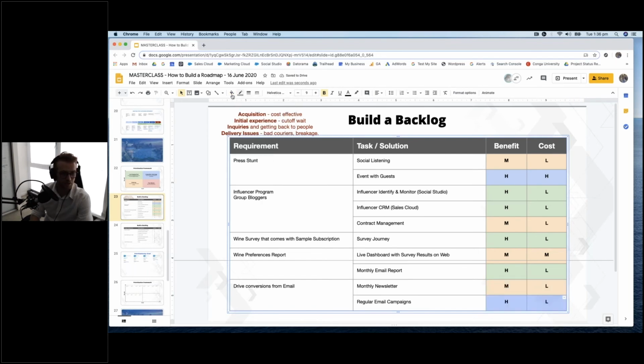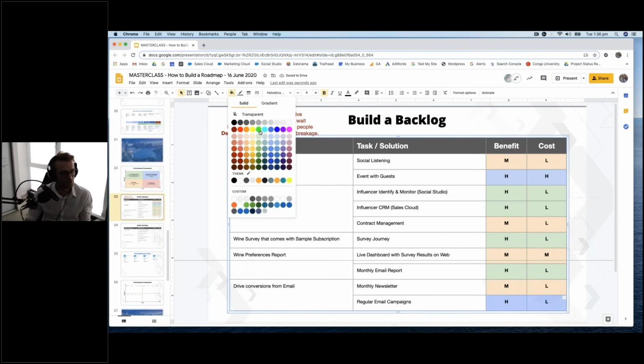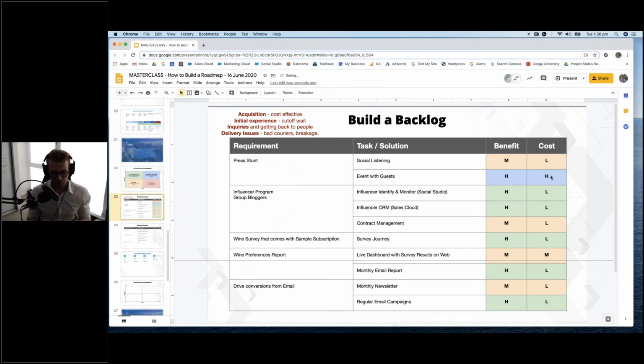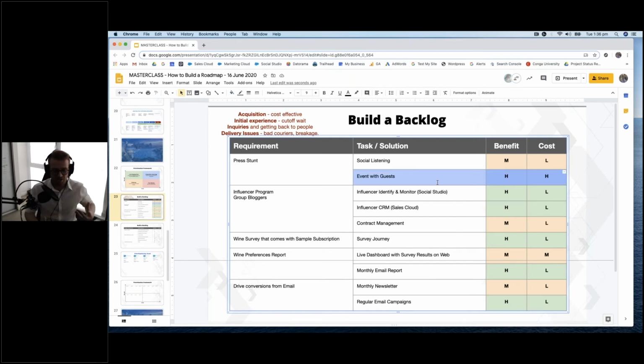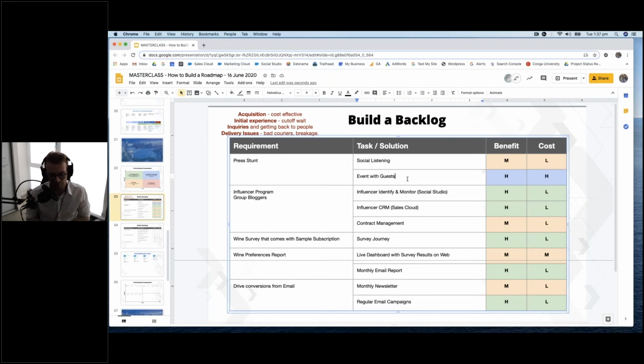Okay, cool. So I think you're getting the kind of gist of how we prioritize. We've found one strategic thing he should do, which is an event with his guests. That's a strategic thing. That's got a big cost. That's something that he definitely should do to maintain his position as a leader, as non-digital as it is, but it will help him convert his subscriber database into customers.